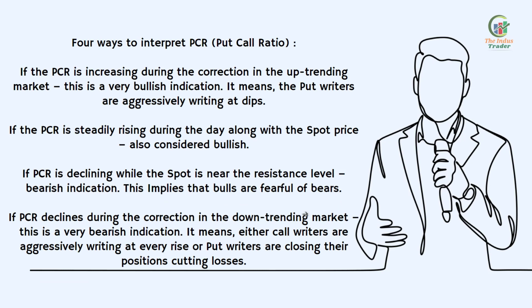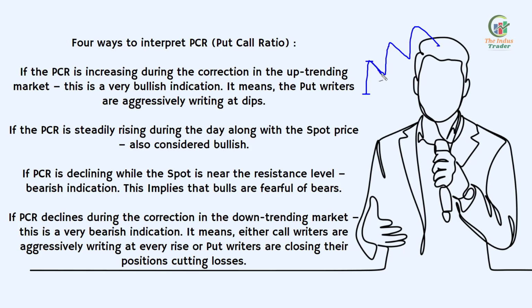Now, four ways to interpret PCR. These are four different scenarios you see in the market. First, PCR is increasing during a correction. We have made a trend video, if you remember, this is an uptrend. After a particular impulse move, there will be a correction.